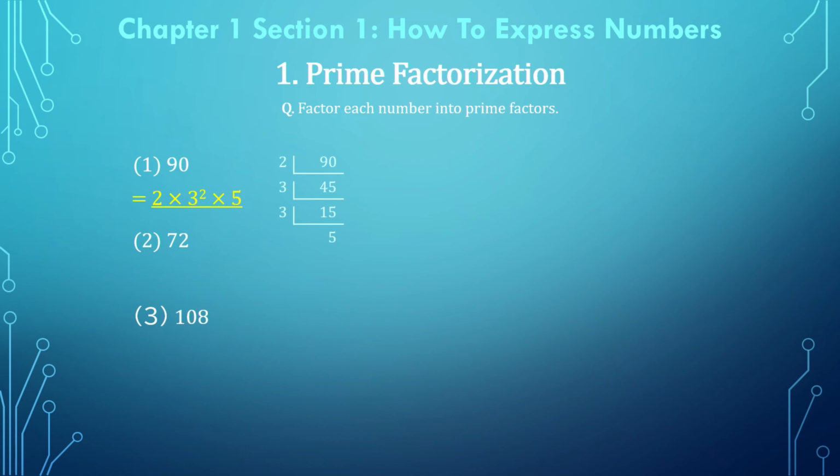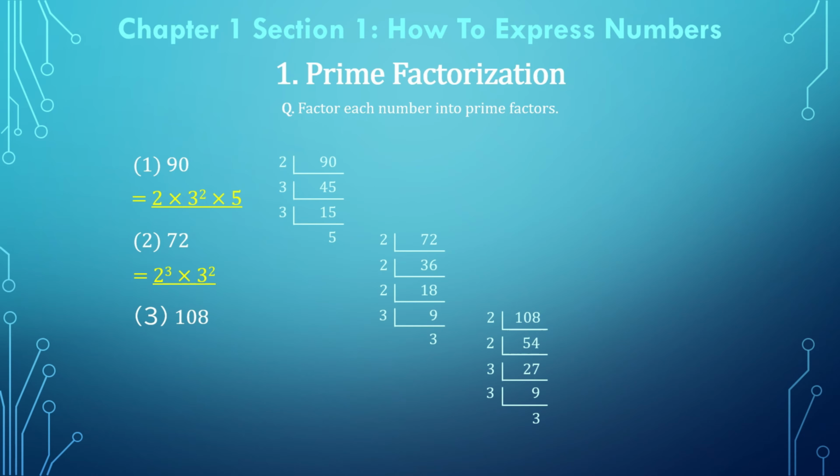So 90 equals 2 times 3 squared times 5. 72 equals 2 cubed times 3 squared. 108 equals 2 squared times 3 cubed.